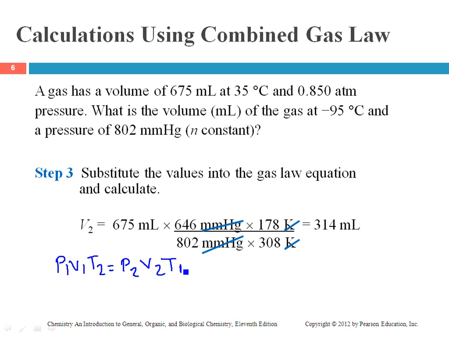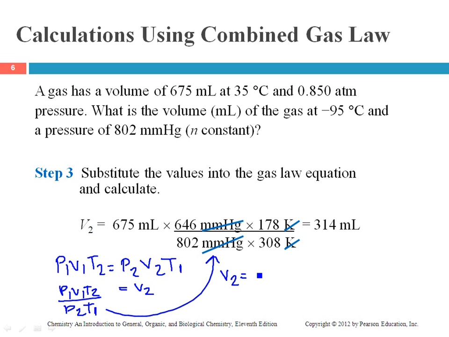So we're solving for V2, and if we use this equation, I just feel like it's easier for people to see. If we're solving for V2, we want to leave it by itself, so we would be dividing through by T2 and T1. Once we plug in the values, we have the pressure 646 times the volume, T2 on top, and P2 and T1 on the bottom. Maybe it's better if I write this out here.